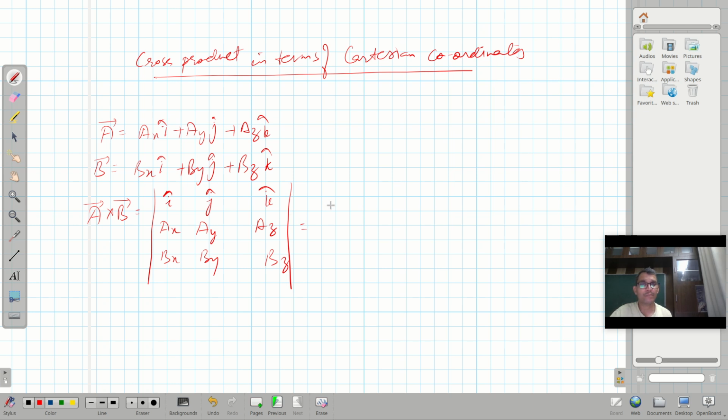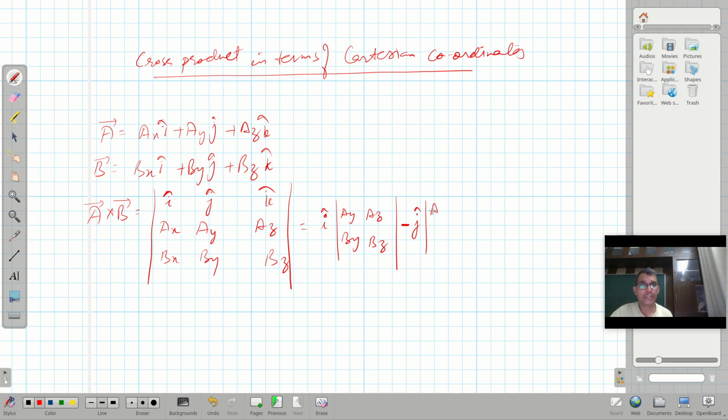And how can it be simplified? We write down the first row, and then excluding the first row and first column, we are left with ay, by, az and bz. It is the 1-1 position, so it is an even position. Then the 1-2 position, first row second column, is an odd position, that's why it is minus j.